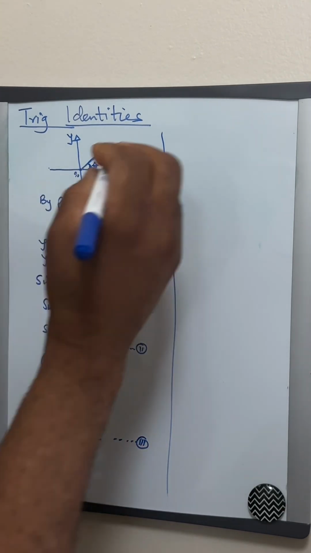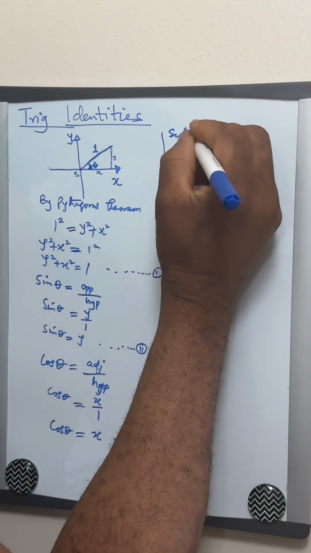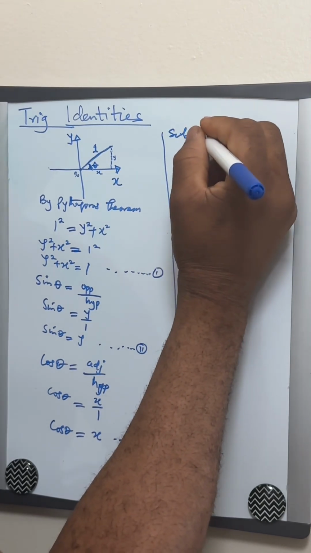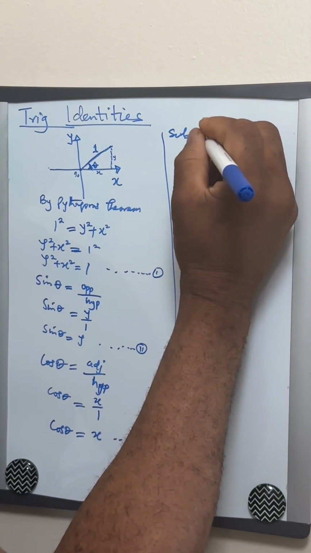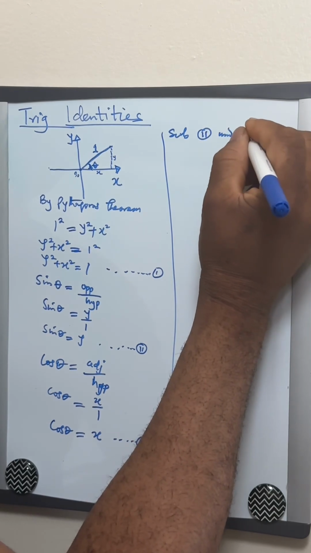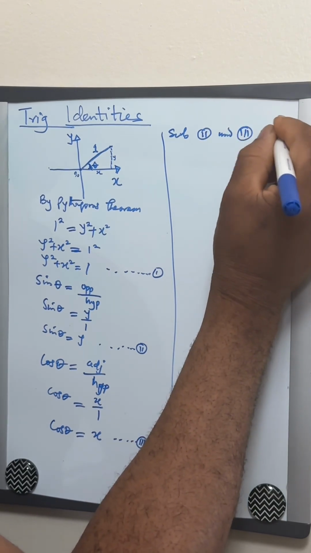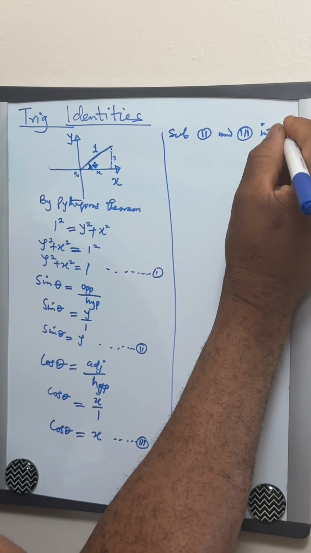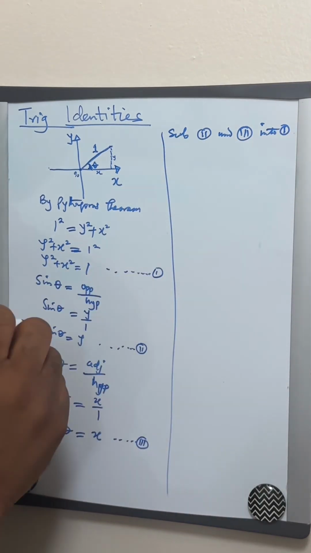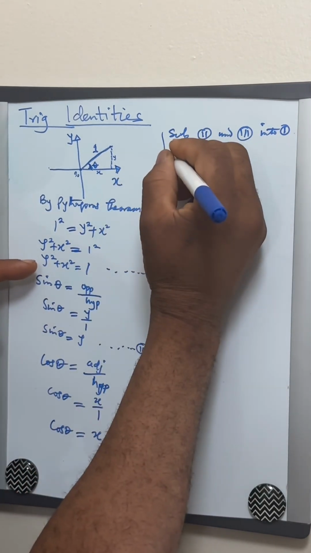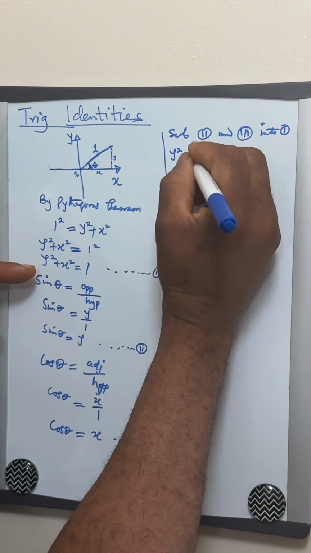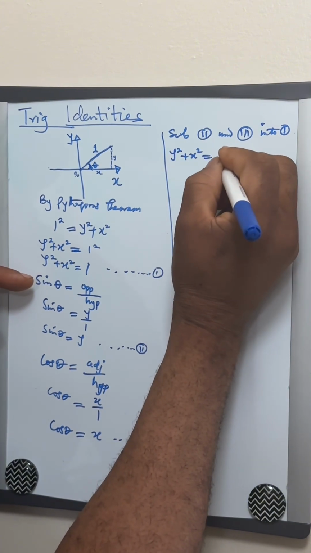Then, when we substitute equations 2 and 3 into equation 1, we have equation 1 as y squared plus x squared is equal to 1.